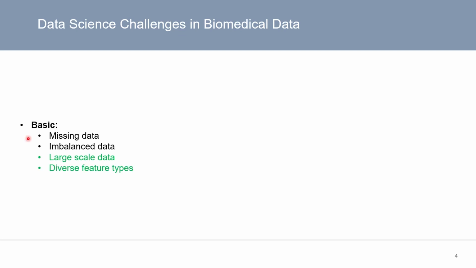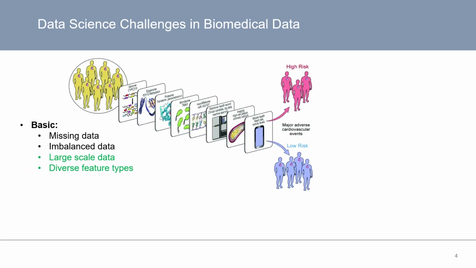Some of the basic challenges include the presence of missing data, imbalanced data, having big or large-scale data to manage, and the need to integrate and analyze a diversity of data and feature types. Consider the wide range of potential biomedical data sources investigators may wish to interrogate in the study of their outcomes of interest.